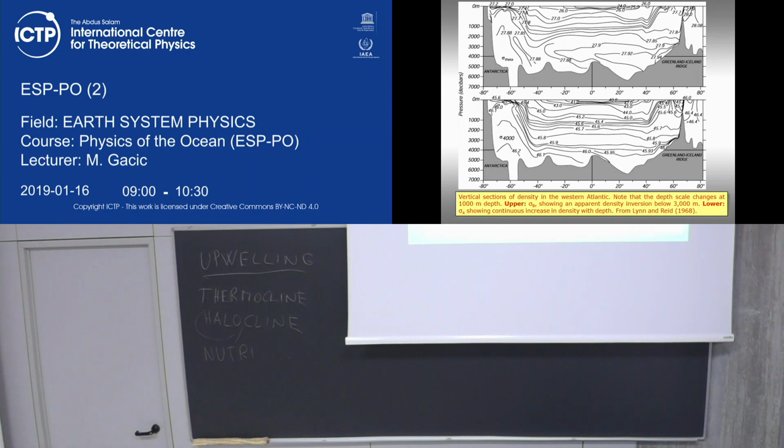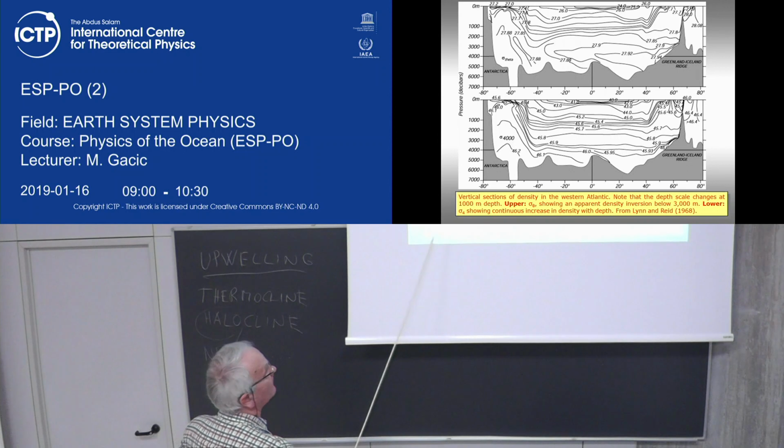This is how we analyze, for example, the density transect across the different oceans. This is an example of the vertical section of density in the Western Atlantic.